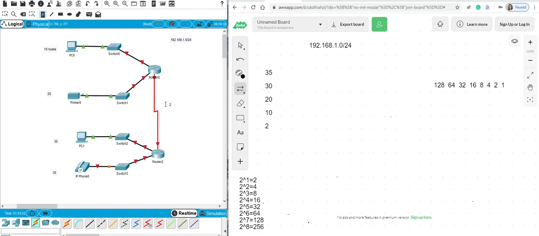That's where variable length subnet masking would help, because you can accommodate for the number of hosts on each LAN. So look at this scenario where I have 10 hosts here, 20, 30, 35, and then we have 2 here for the serial link. That's what I have drawn here.